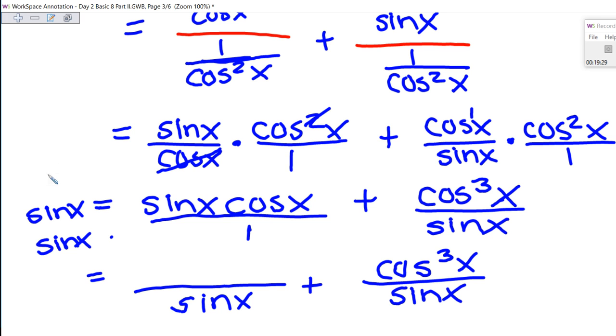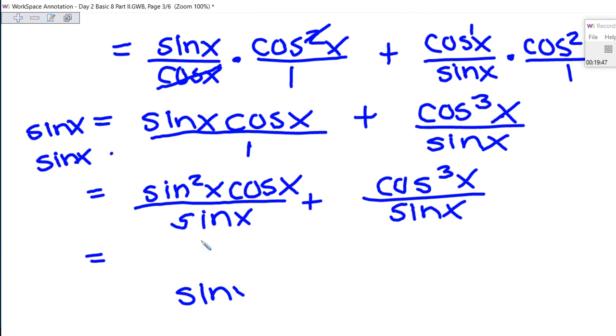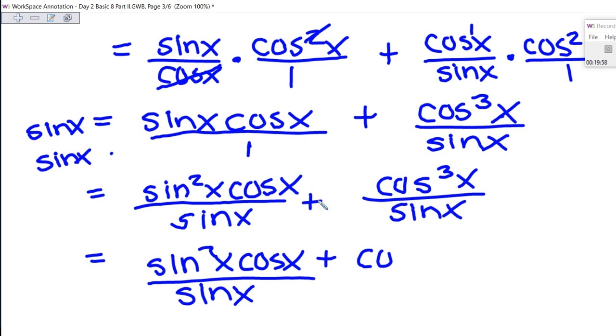So we need to multiply sine of x times cosine of x. So sine times sine would be, so this would be sine squared of x cosine of x. Now we have a common denominator, so now we can add the numerators. Keep the common denominator. Adding the numerators, we have sine squared x cosine x plus cosine cubed of x.